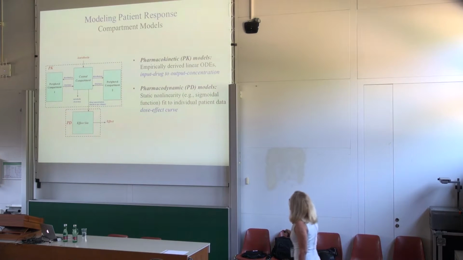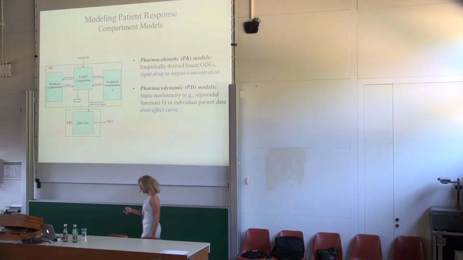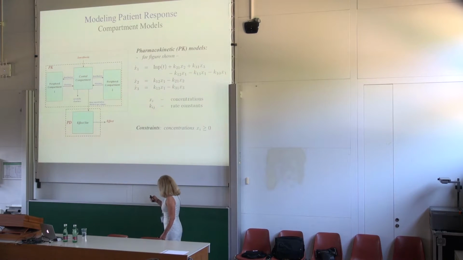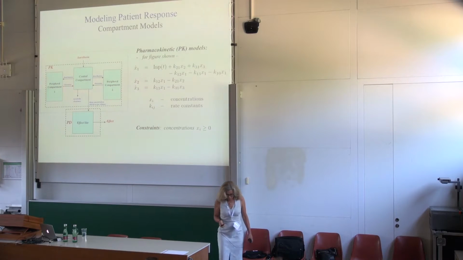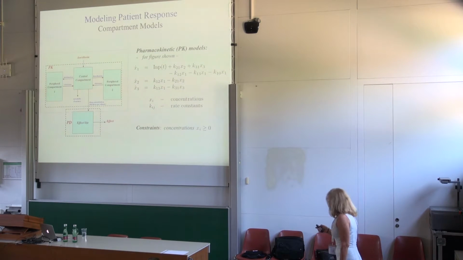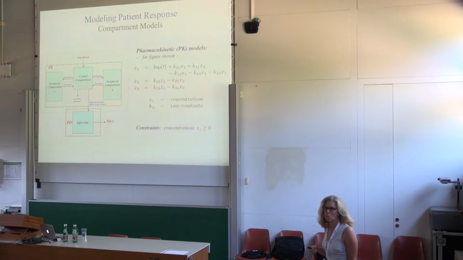Okay, so these models typically look at a single drug input to a single effect, or say vital sign output, and a little more specifically, the pharmacokinetic models are typically essentially linear time invariant type models. They're ordinary differential equations, basically.